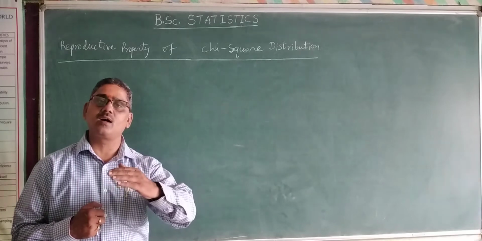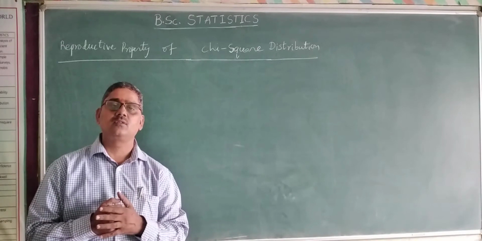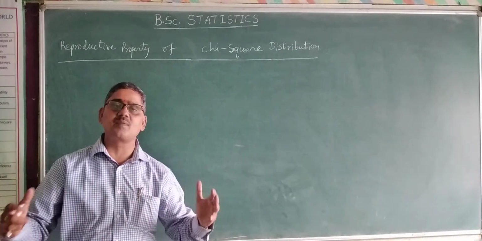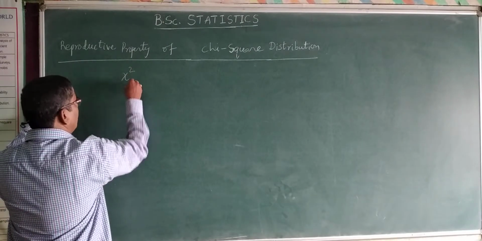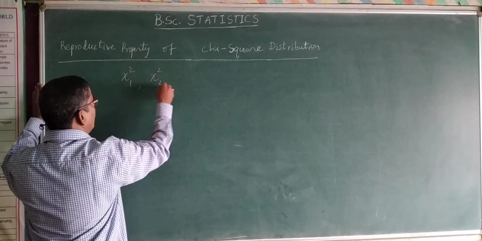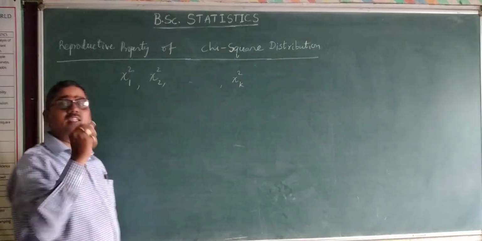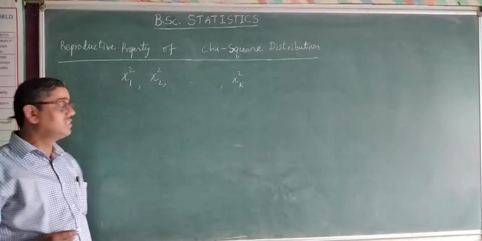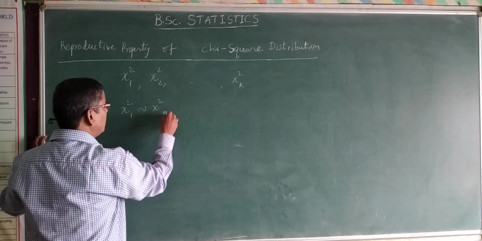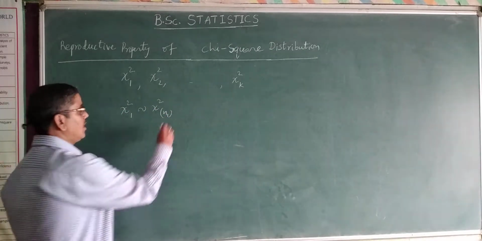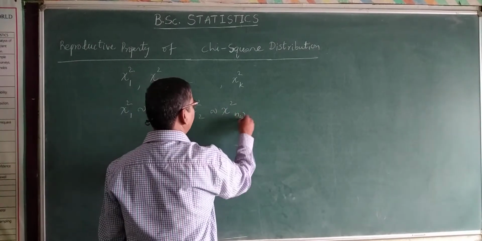Now I am proving the additive property. I consider the moment generating functions of k independent chi-square variates, for which I consider chi-square 1, chi-square 2 and so on chi-square k. Chi-square 1 follows a chi-square distribution with n1 degrees of freedom, chi-square 2 follows a chi-square distribution with n2 degrees of freedom, and so on.